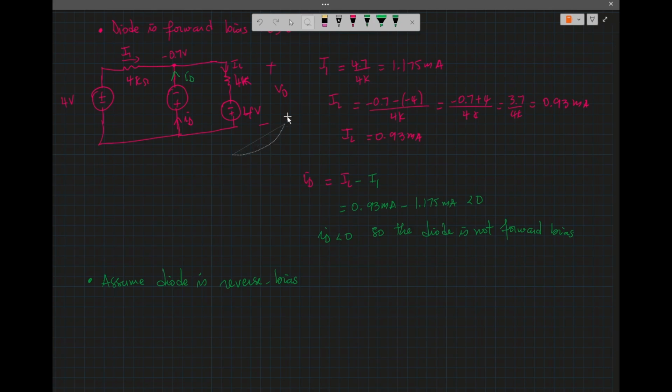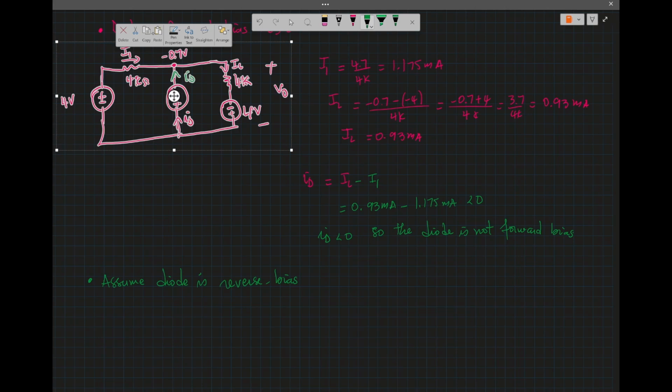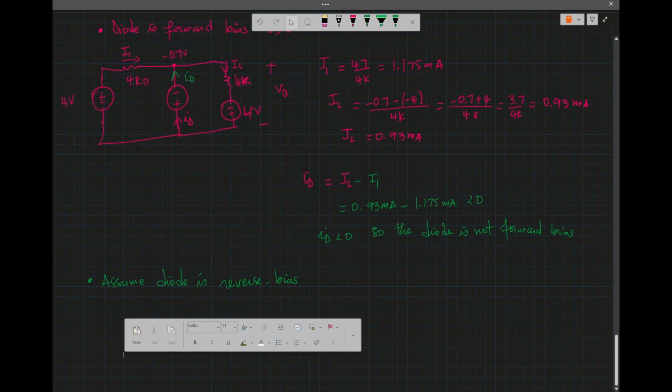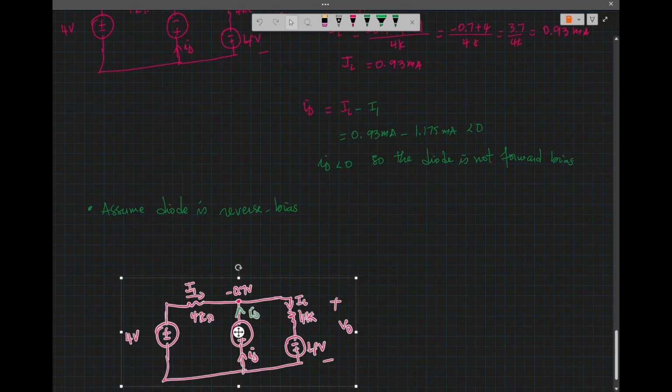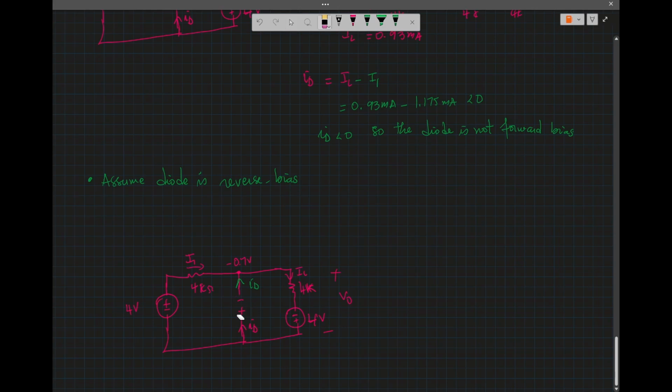So I'm just gonna copy this and paste and change the, so here change this into, so this is VZ equal to 2 volt, and the current is IZ.